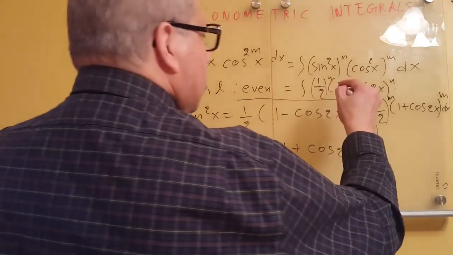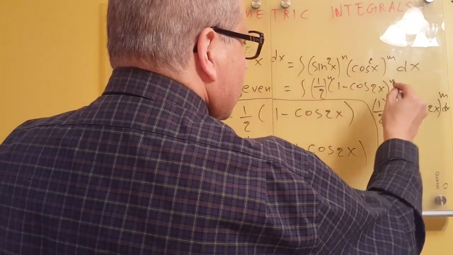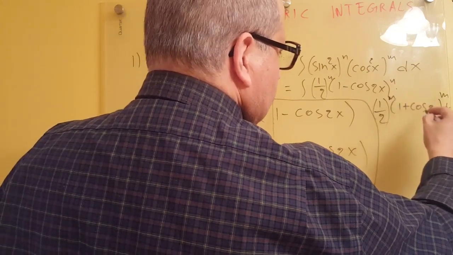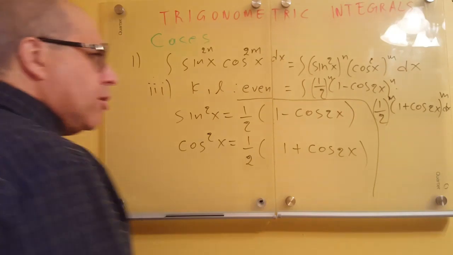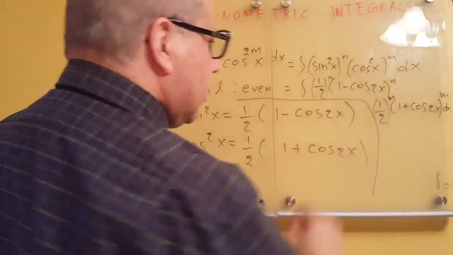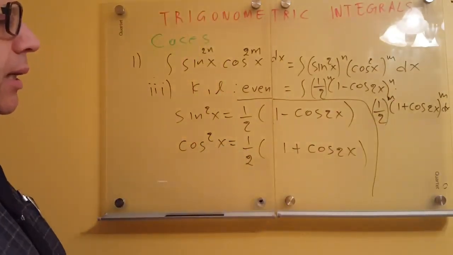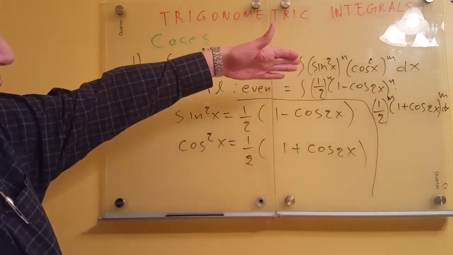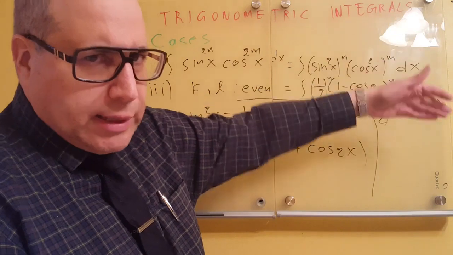And then what will be left is (1 minus cos 2x) to the n times (1 plus cos 2x) to the m. So this will be a polynomial of cos 2x.